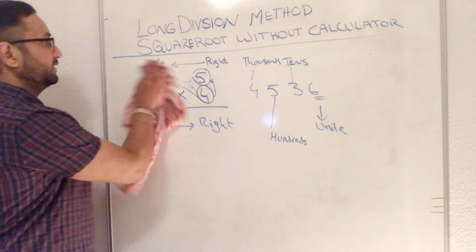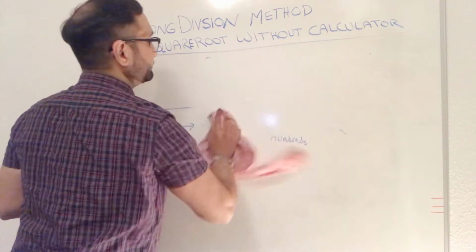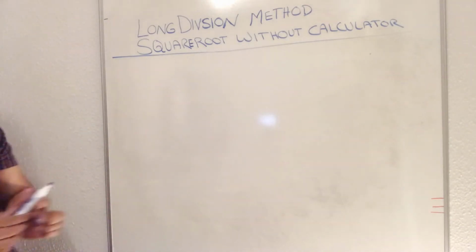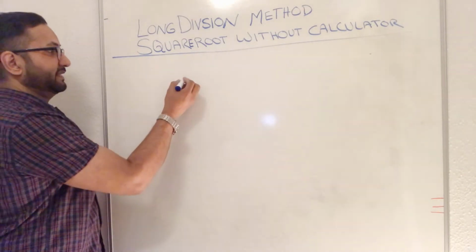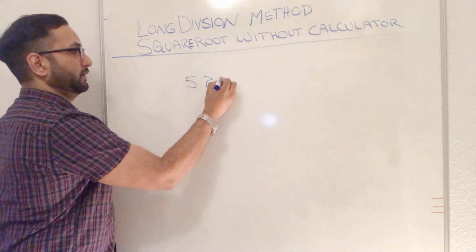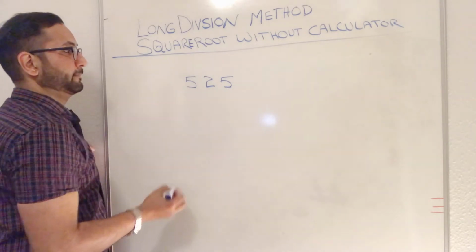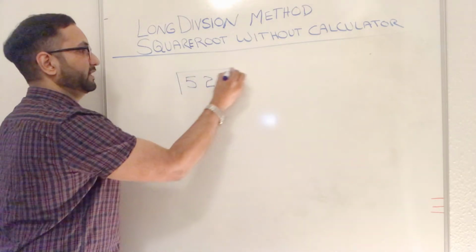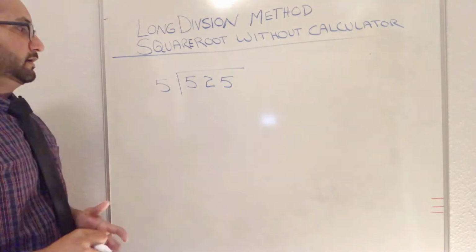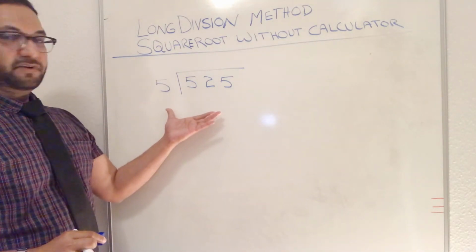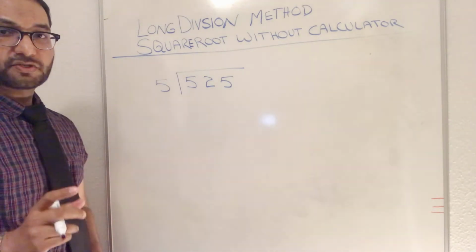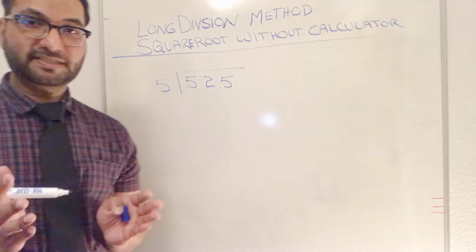If we have any number, like 525, and they ask if you can find the value after division, we have these two numbers. First of all, we need to select the first number.